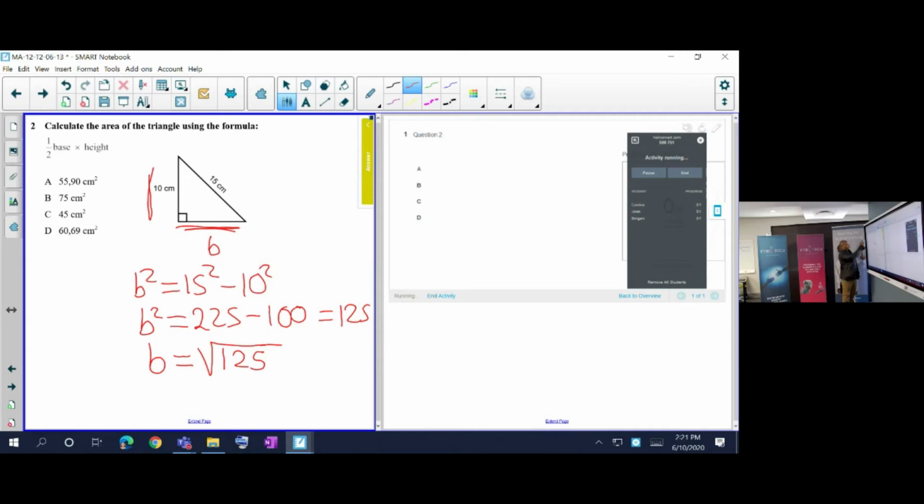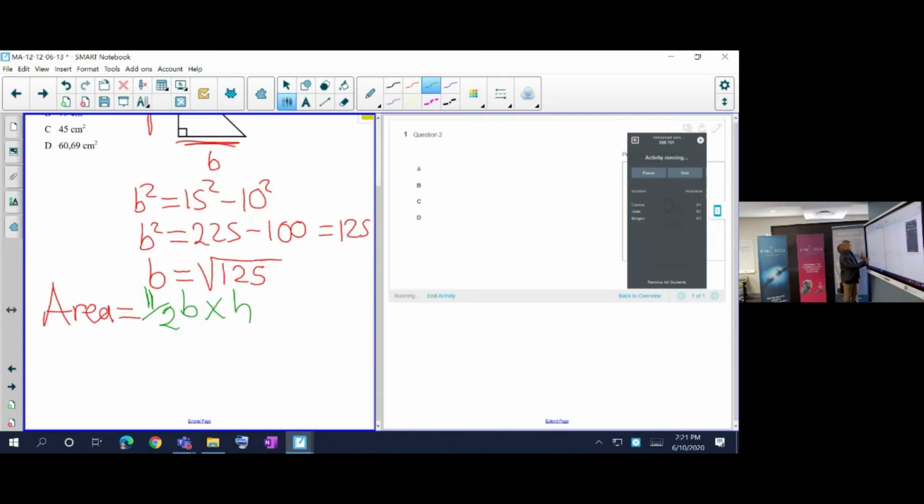So going back to the formula, this was just B to get the base. If I go back to the area equals half base, which is my B, times height.